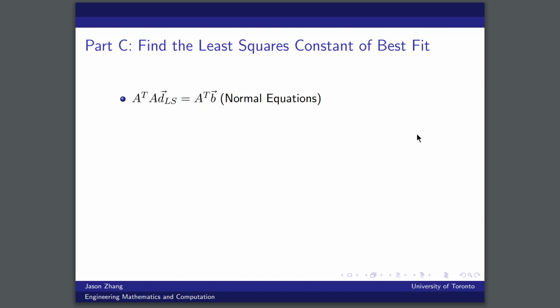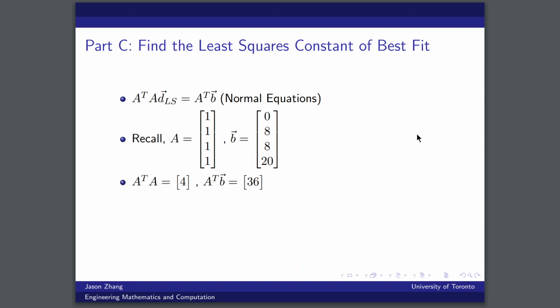So we can once again use our normal equations, replacing XLS with DLS. And because we know A and the vector B already, we can calculate A transpose A, which is just a constant 4, and A transpose B, which is just a constant 36. Taking the inverse of a constant is just 1 over that constant.